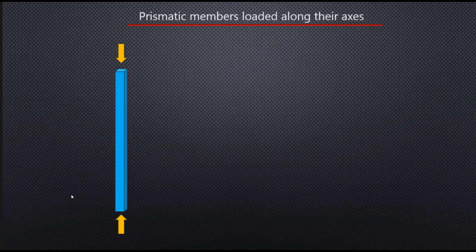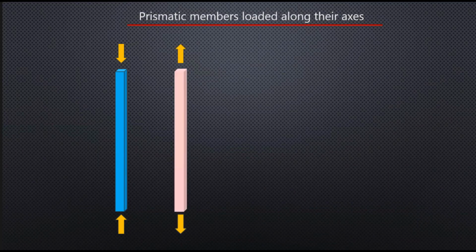Right. The first thing that I give is a very simple one. I have a member, a prismatic member, which is longitudinally loaded. But then the load is applied in such a way that the axis of the member is getting shortened. So I call this compression.